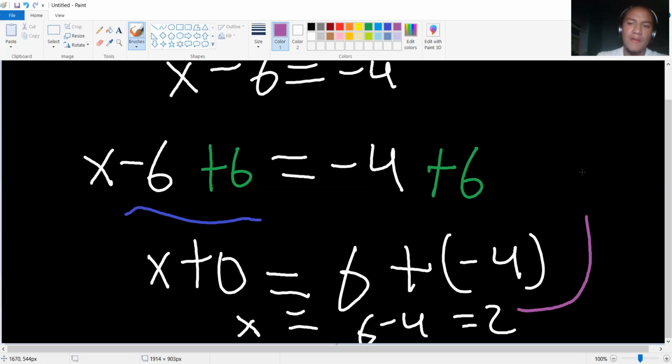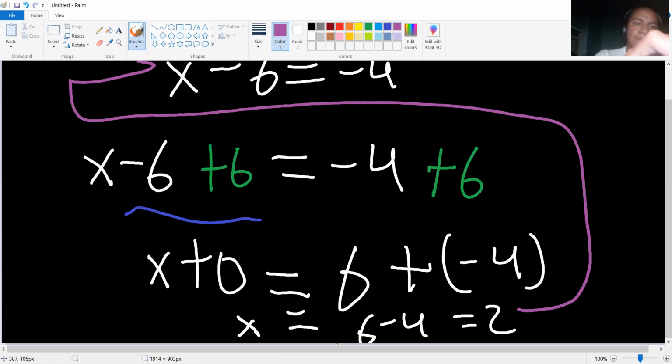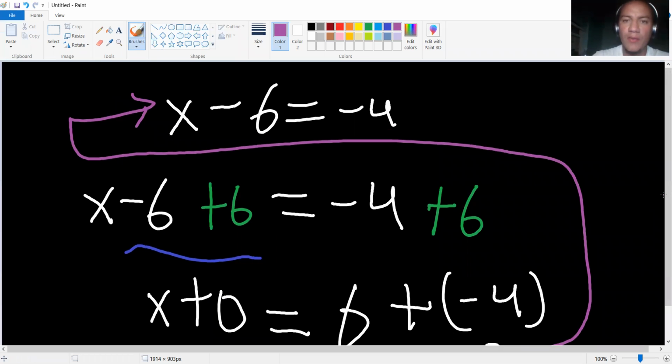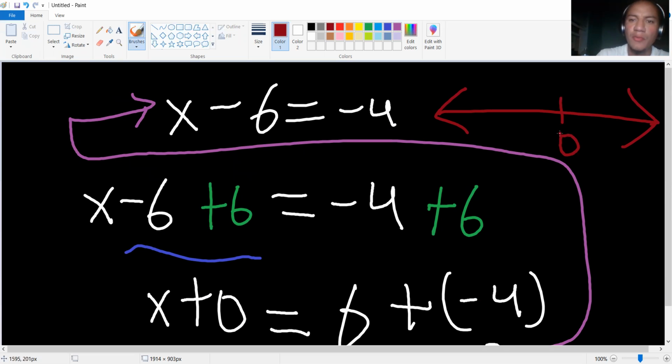So let's make sure that this actually makes sense. Are we saying that 2 minus 6 is negative 4? Well, we have to look at a number line. 0, 1, 2, 3, 4. Okay, so we start at 2.